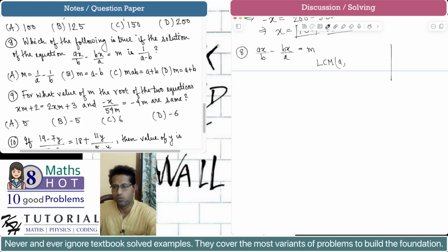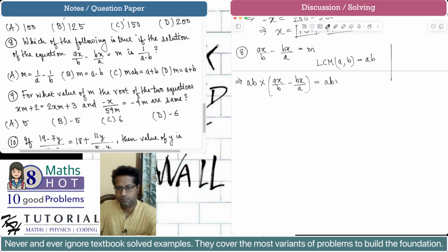Even though we do not know the specific values of a and b, we always say that the LCM of a and b is ab. So if we multiply both sides of the equation by ab, we get ab multiplied by the LHS, which is aX by b minus bX by a, equal to abm.